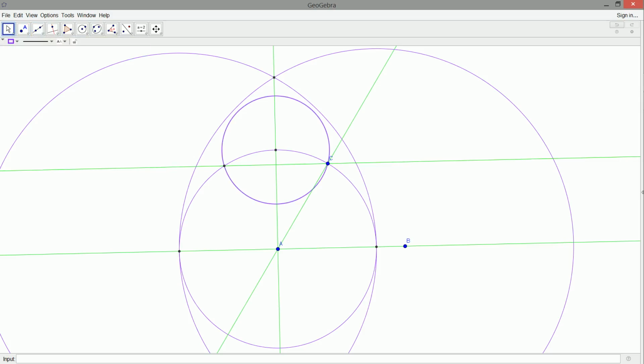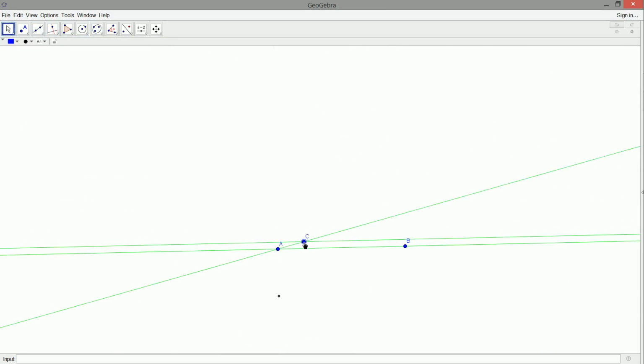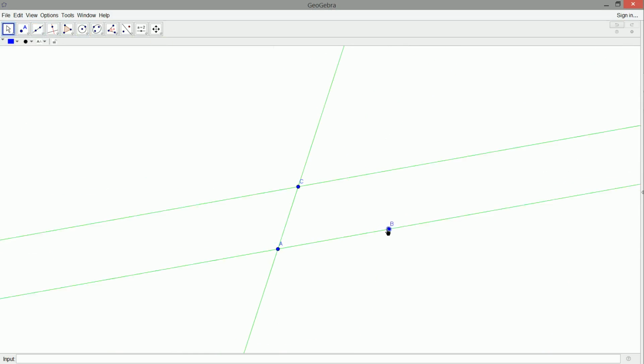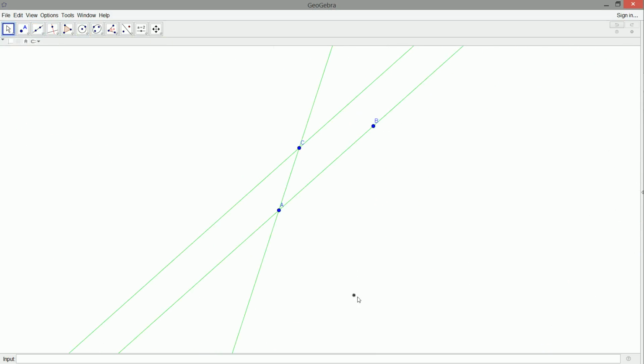So I'm going to hide some of this stuff and plan my next move. But yeah, we can even show as we move around, it really is parallel. Oh, and there's a point we missed. So we'll hide that point there.